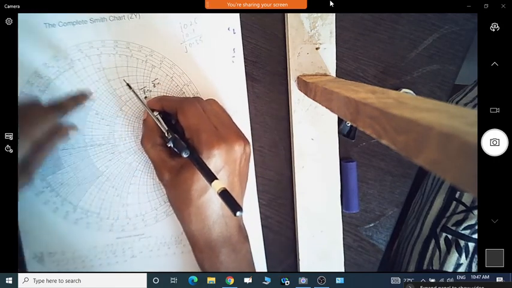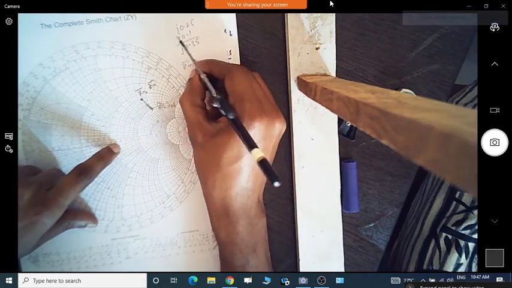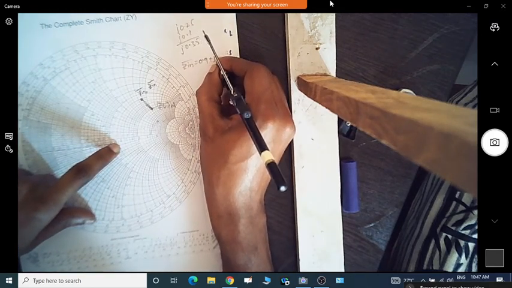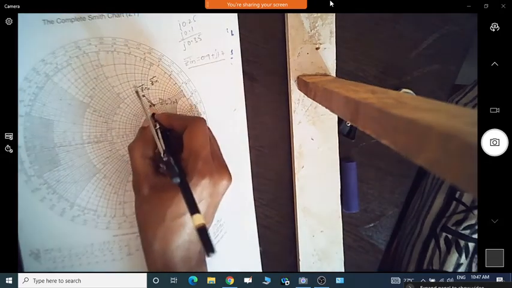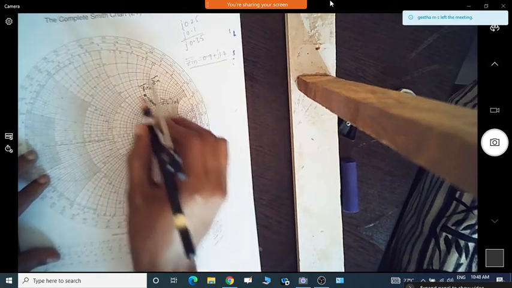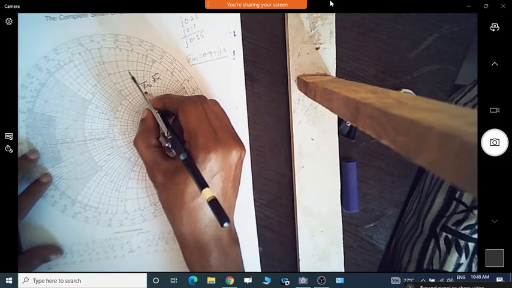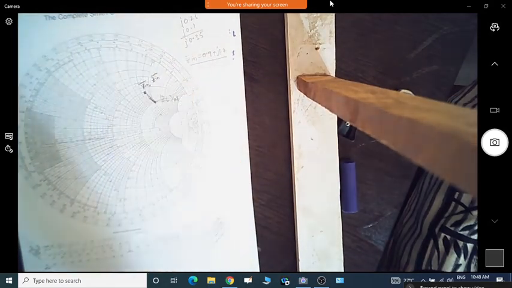At this point the normalized impedance is 0.9 plus j1.7. That is what I get from this point. So this is a constant conductance circle we have to move on since it is a shunt element. This is how we get the normalized input impedance if we add the inductor susceptance value.